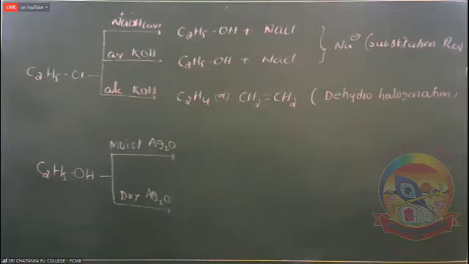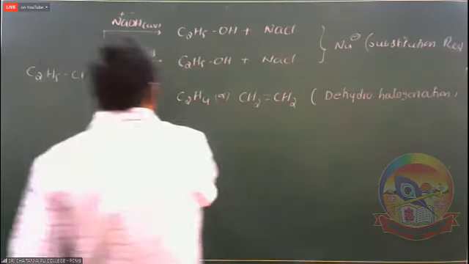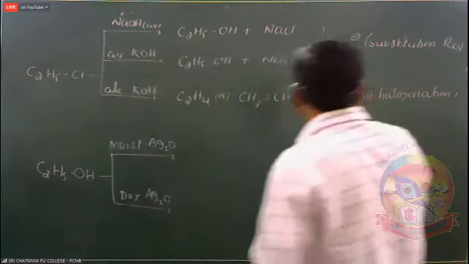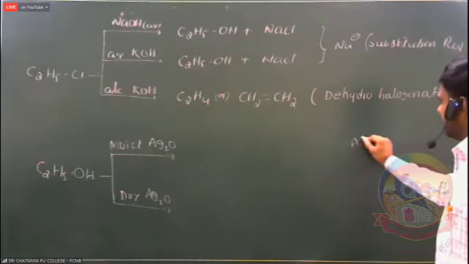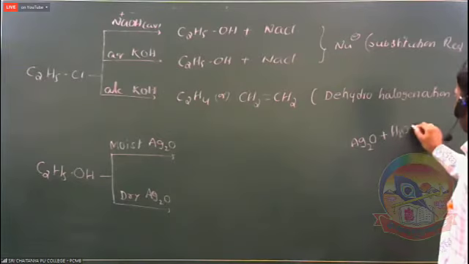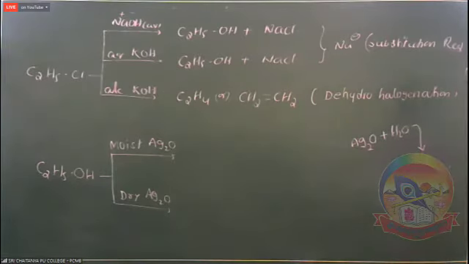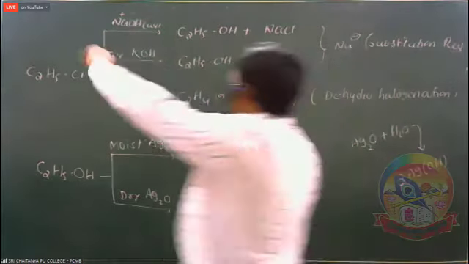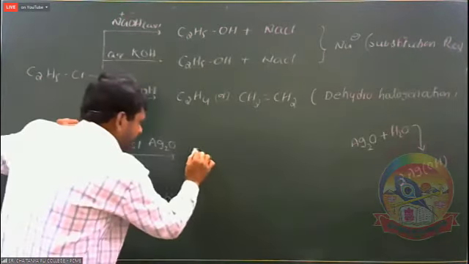Using moist silver oxide, silver is the metal, and metal oxides are basic in nature. So this silver oxide reacts with water. It forms silver hydroxide, AgOH. So it is considered like aqueous KOH.